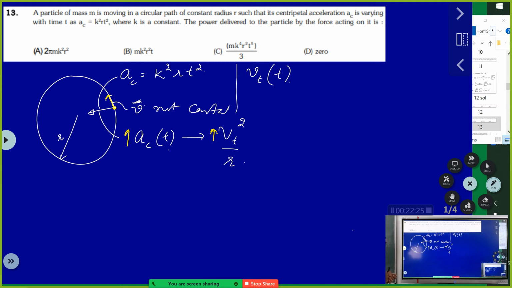I give you the hint here. Straight away write this equation AC as tangential speed square by r is equal to k square r t square.